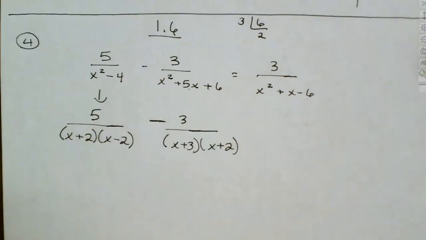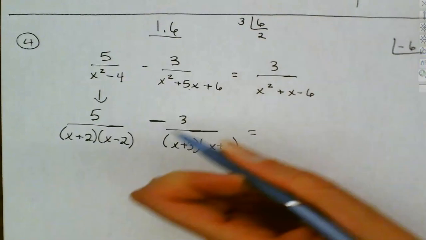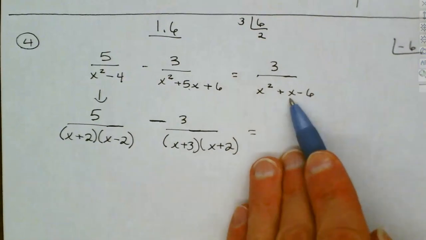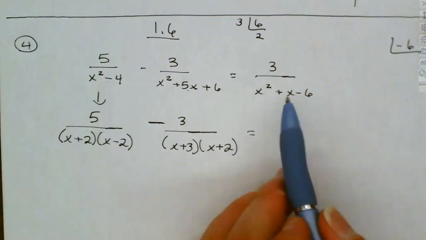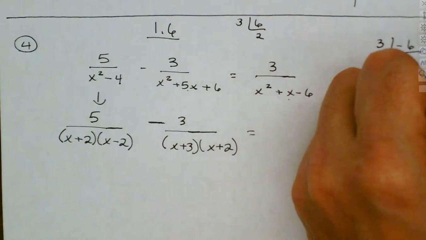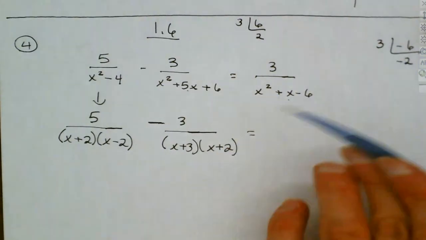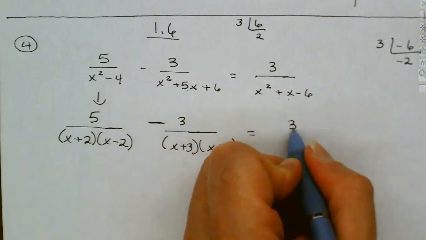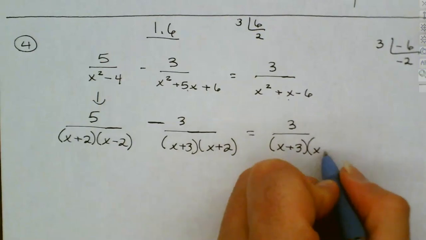What about the other one? Minus 6. We want it to be a 1. What two numbers are going to work here? Yep, watch your signs. Looks like it's going to be a positive 3 and a minus 2, doesn't it? The sign in the middle is positive. So that's going to be 3 over x plus 3, x minus 2.